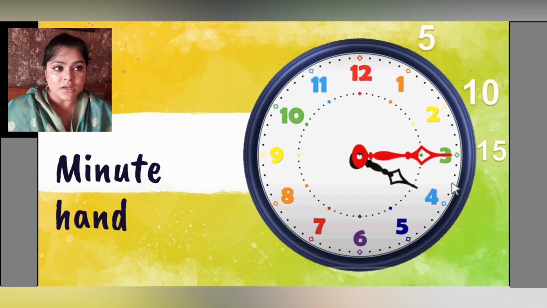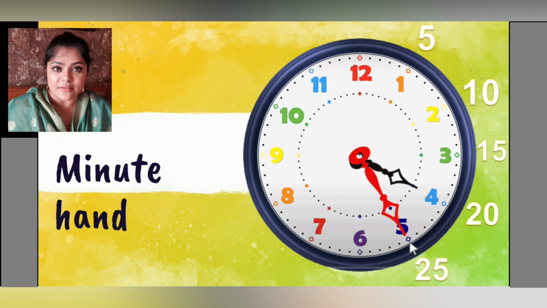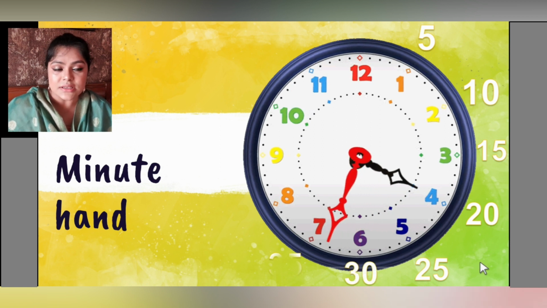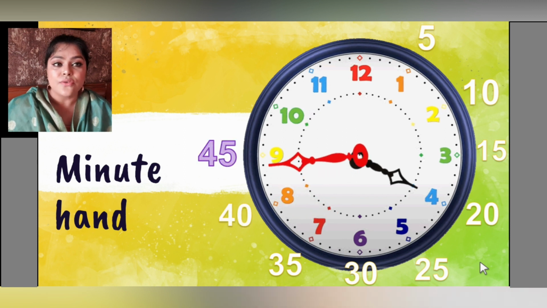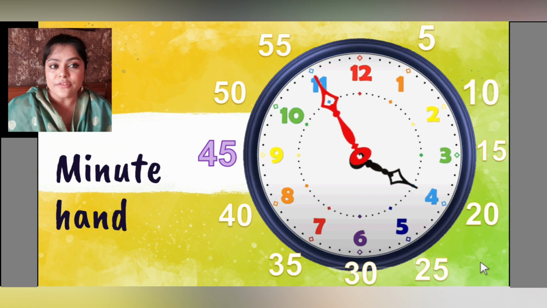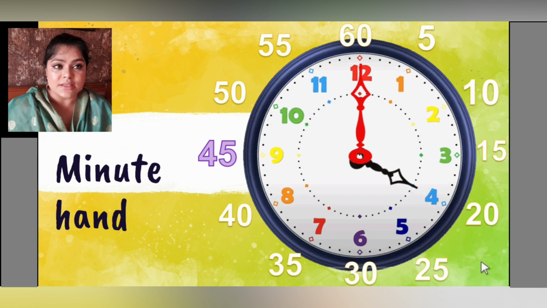Then on 3 it is 15, on 4 it is 20 minutes. When it's pointing 5, 25 minutes, 30 minutes, 35 minutes, 40 minutes, 45 minutes, 50 minutes, 55 minutes, then 60 minutes. 60 minutes means 1 hour.